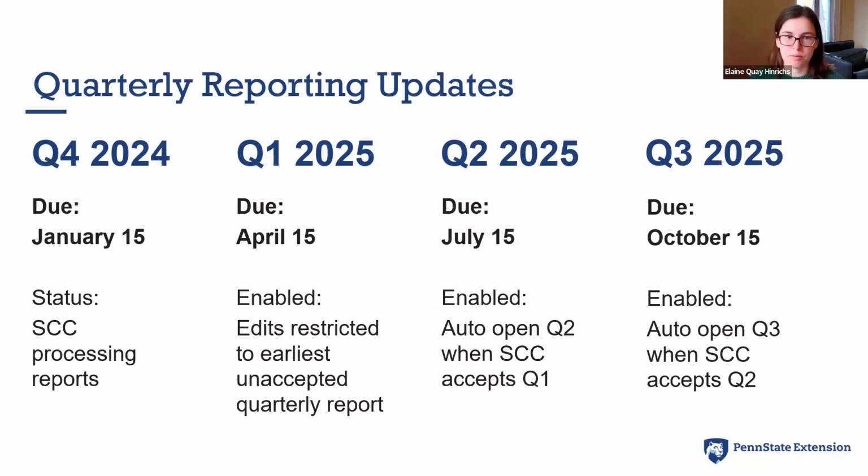We're also trying to keep you all current, and because we've gotten caught up for the most part, and now current, and even ahead of time, you'll be able to start preparing for your next quarterly report before that quarter is over. So that's a big change. And again, the current Q1 2025 quarterly reports are due April 15th.